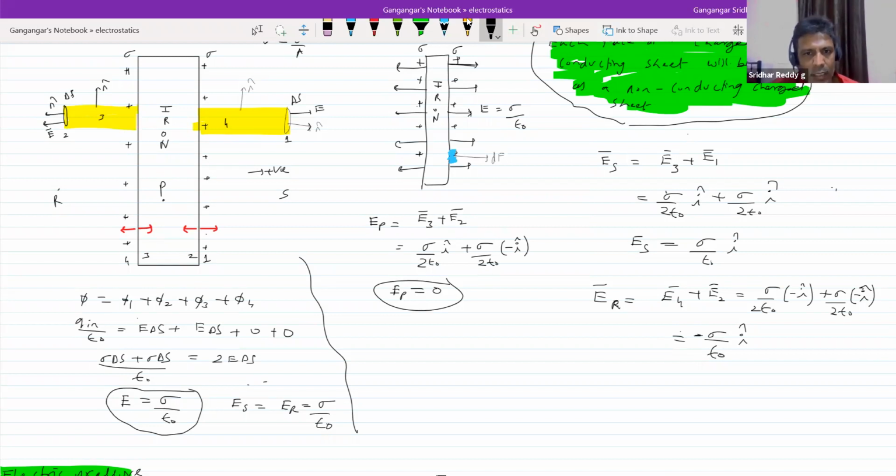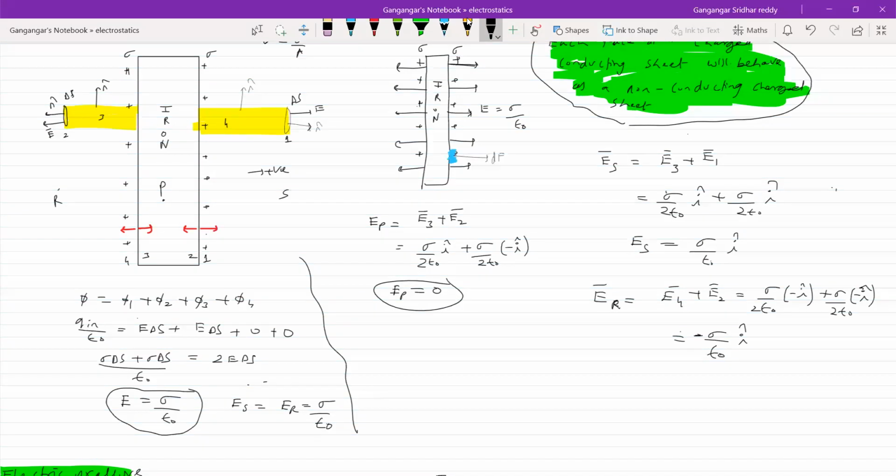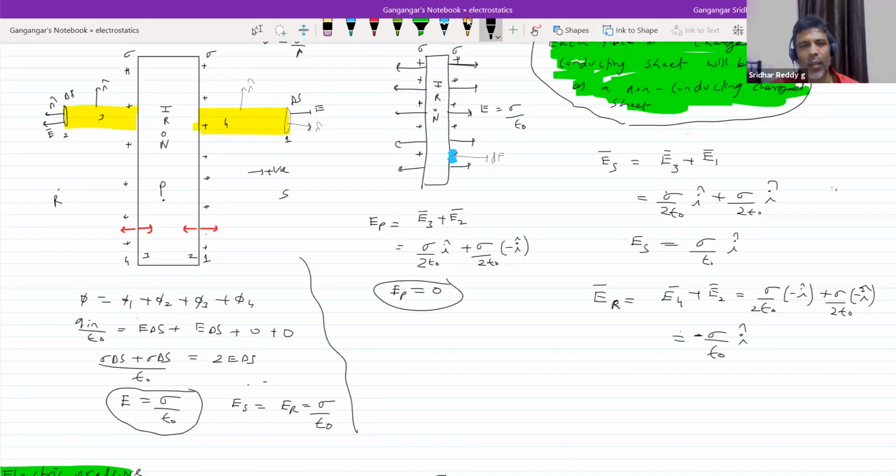The charge present on surface 1 will experience a force due to E3. Then write the equation again and you'll get that. Here also, under the action of the charge, the plate wants to expand. The elastic forces will counterbalance. So will the charged conducting sheet be under any stress? The stress inside the charged conducting sheet should be non-zero, because altogether the plate will experience a force like this.